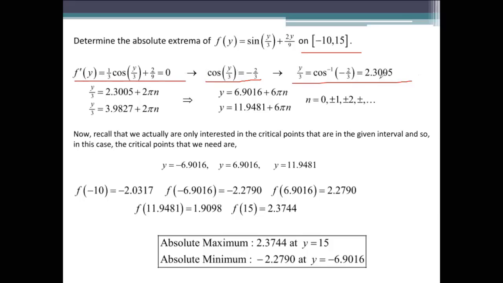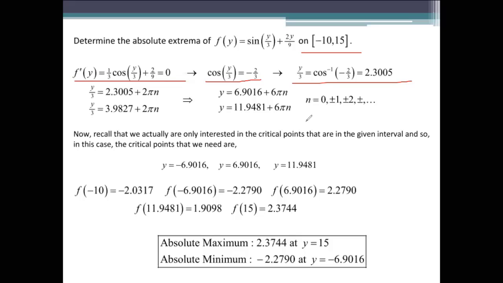Why do we need to find these values? Because we need to identify whether each belongs to our interval or not, and when we evaluate our function, we need numerical values of these points.